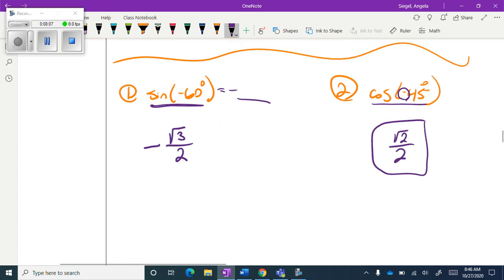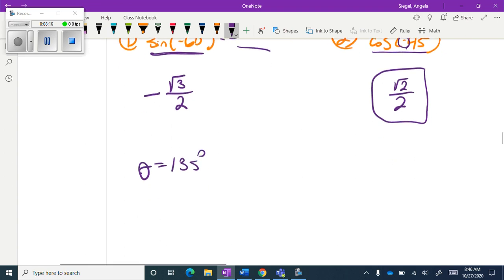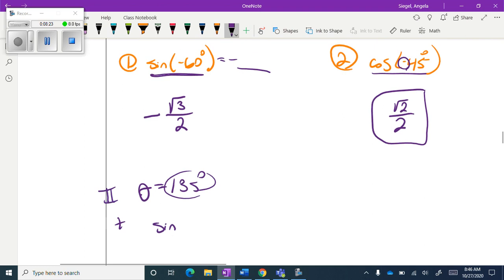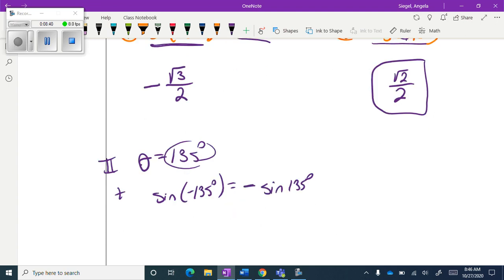But what I was saying about the other angles is, let's pretend like theta is, I don't know, 135. Okay, so let's talk about sine, because that's in quadrant 2, and sine should be positive in quadrant 2. So let's see if this works. So sine of negative 135 is going to be the opposite of the sine of 135.